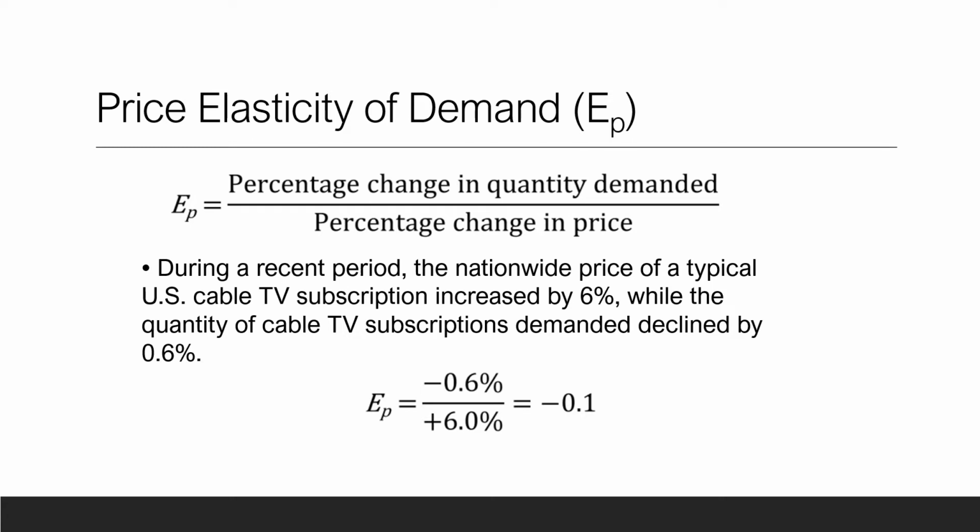Notice the 6% is at the bottom, and the quantity demanded 0.6% is at the top, the numerator. So you have negative 0.6% divided by 6% equals negative 0.1. And like I said earlier, we know that the elasticity of demand will always be negative because of the law of demand. There's an inverse relationship between price and quantity demanded.